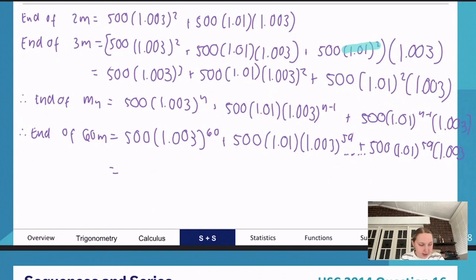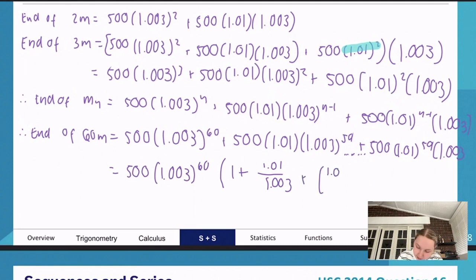When we think about this in terms of a series, we have on the outside the term, all times by 1 plus 1.01 over 1.003, plus 1.01 over 1.003 all squared, plus all the little bits in between, plus 1.01 over 1.003 to the power of 59.